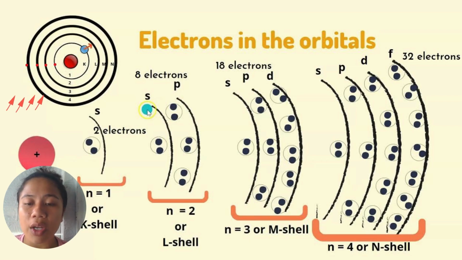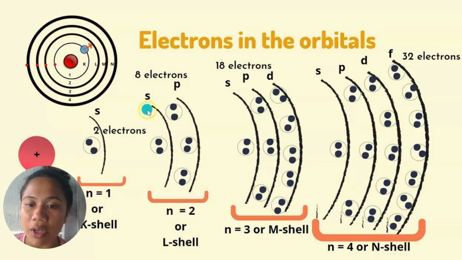As we can see, the arrows moving in circles are what we call the orbitals. As you can observe here, the circles have different thicknesses. The first circle for the K orbital is a bit thin. Then the circle for the L shell is thicker than the K shell.